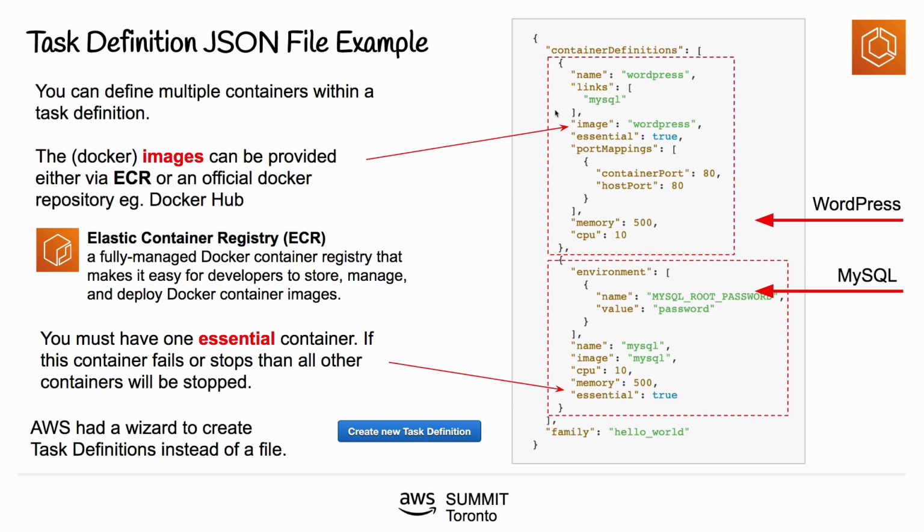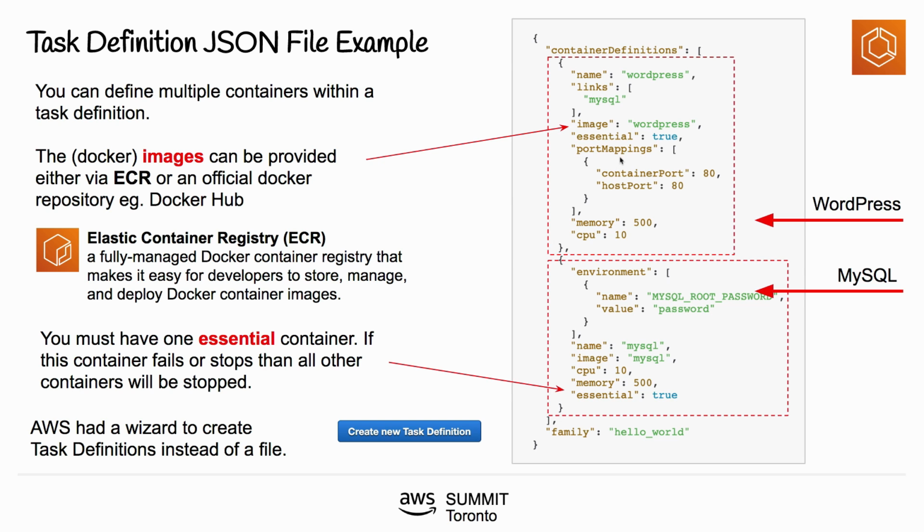These images are just like when you would be creating a Dockerfile, you're specifying the image location, which could be from an official repository like Docker Hub, or if you need to keep your images private, this is where you can leverage ECR. And that's all ECR is. It's just a fully managed Docker container registry. You store your private Docker images on there so you can reference them here for ECS.